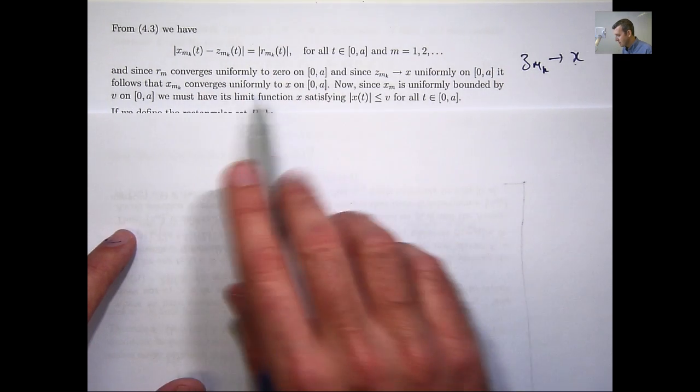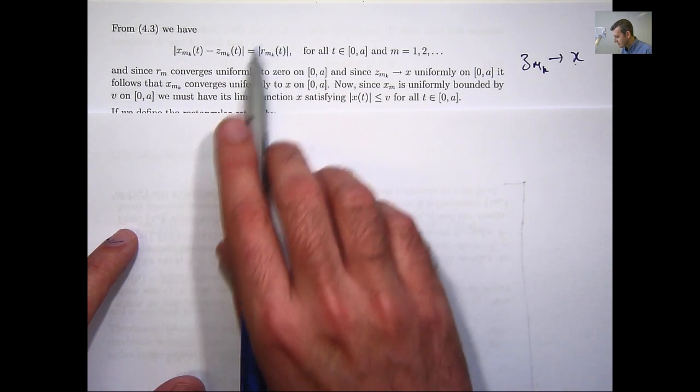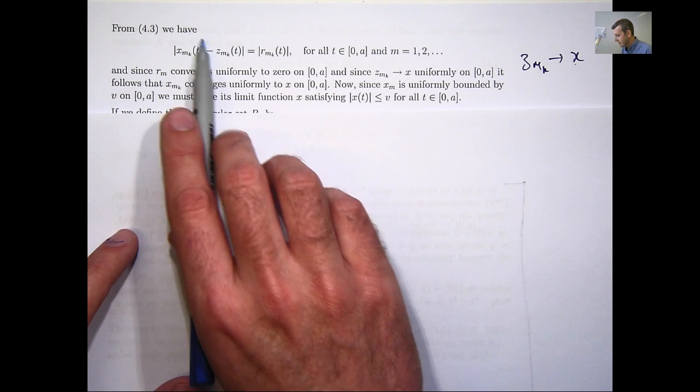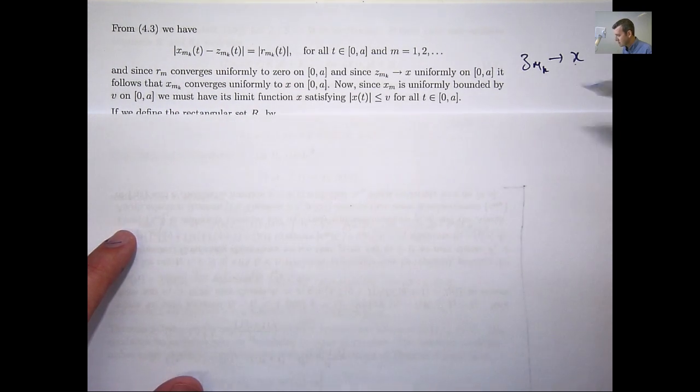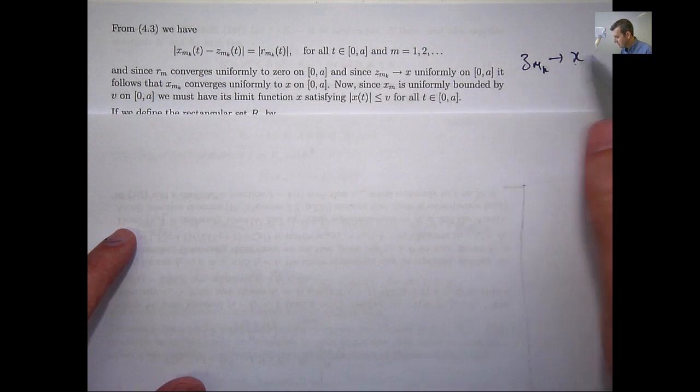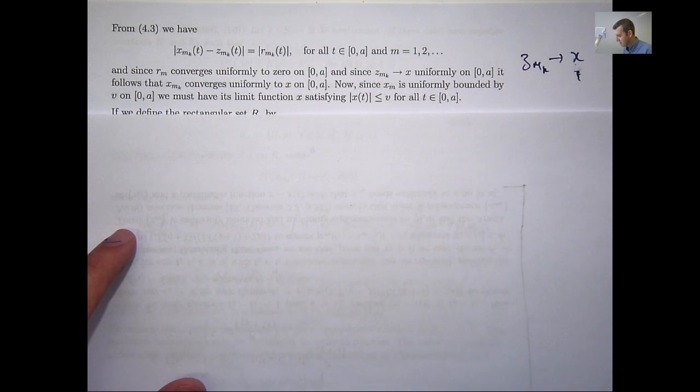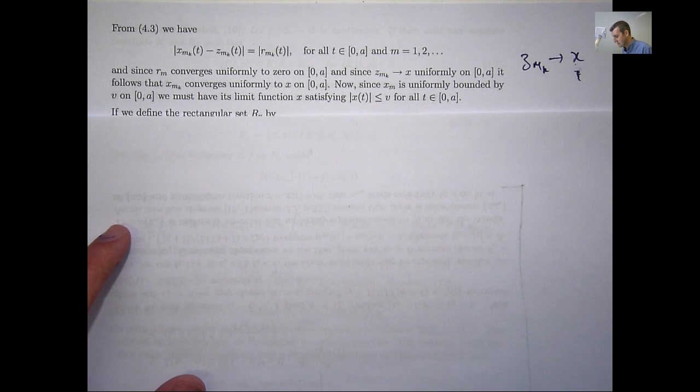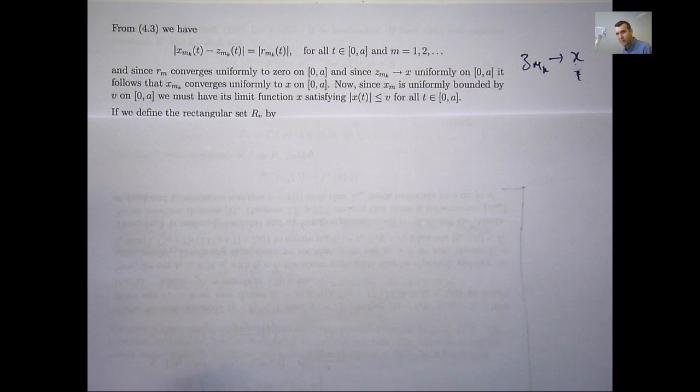From this, because this goes to the 0 function, this subsequence must also go to this continuous function. It must converge uniformly to this continuous function x. Okay, so in a roundabout way, what we've done is actually show that x sub m, the sequence of epsilon sub m approximate solutions, does have a subsequence that converges to a continuous function. Okay?